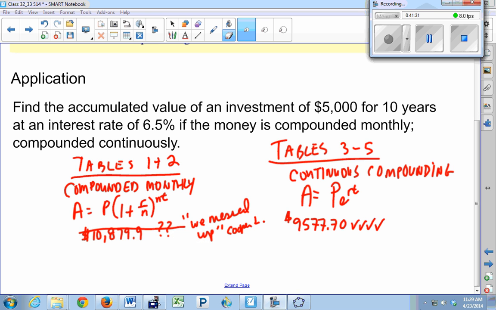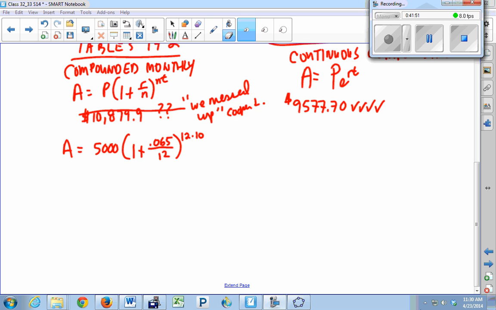Let's take a look. A equals $5,000 is the principal, 1 plus our interest rate is 6.5%, which means r is 0.065. Monthly is 12. So we have 12 times 10 years, 120.